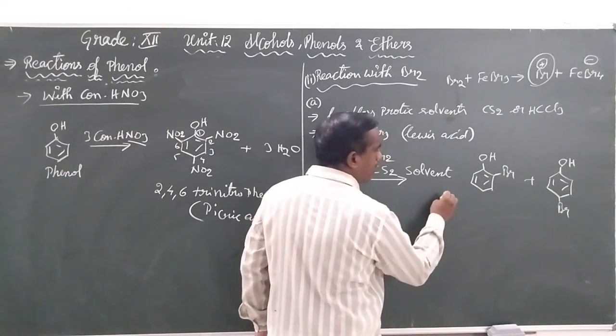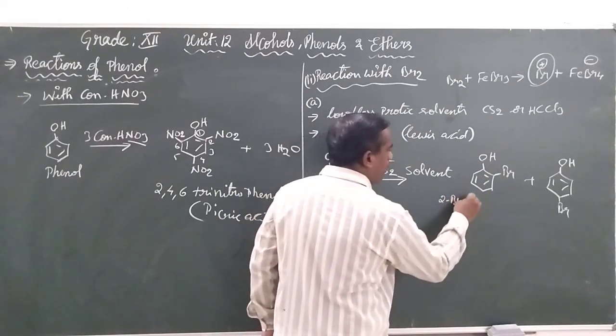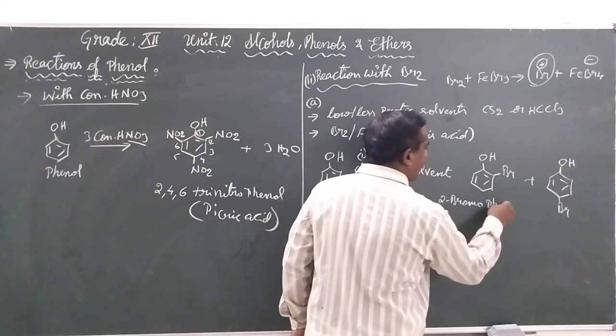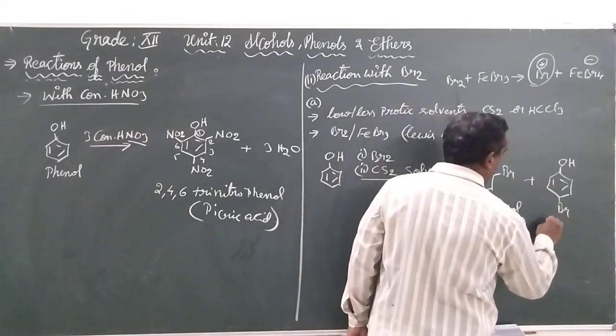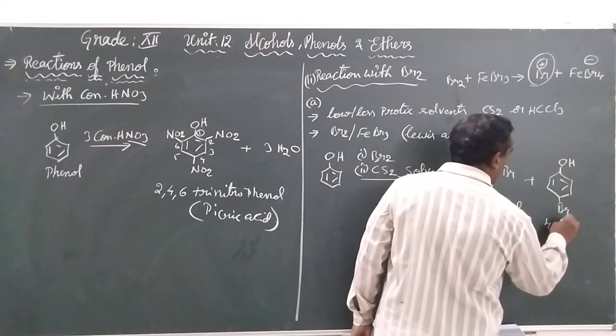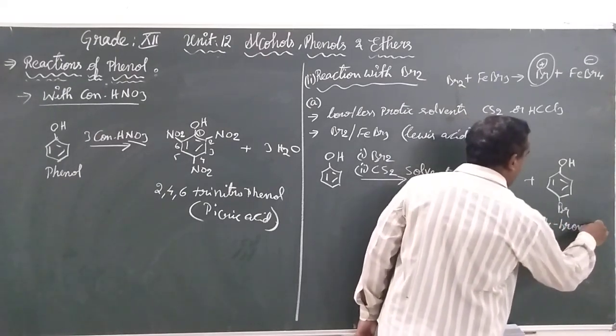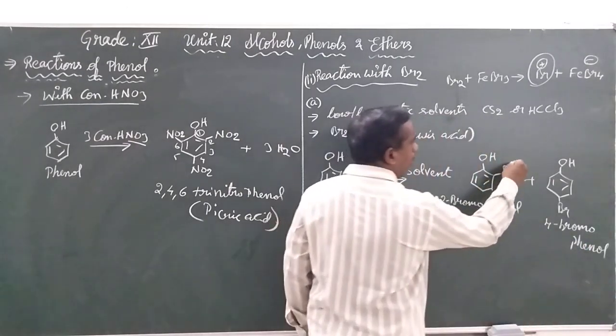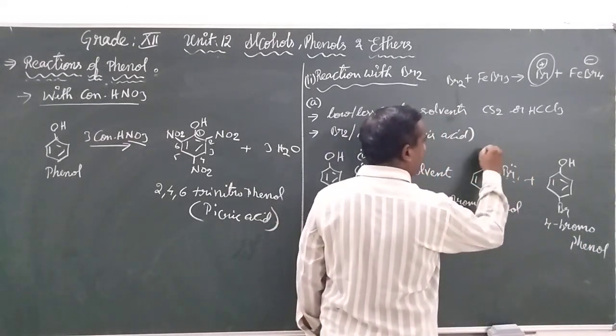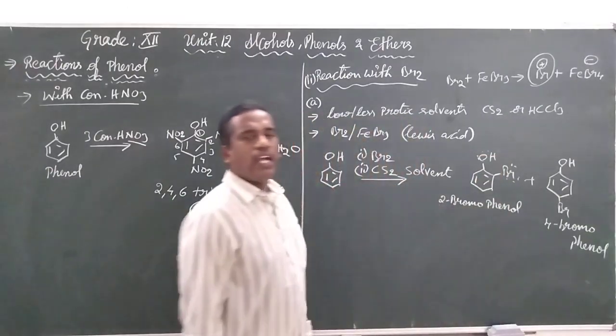When it forms at the ortho position, it forms 2-bromophenol. When it is at the para position, it forms 4-bromophenol. On the halogen there will be lone pairs, and on oxygen also there will be lone pairs.